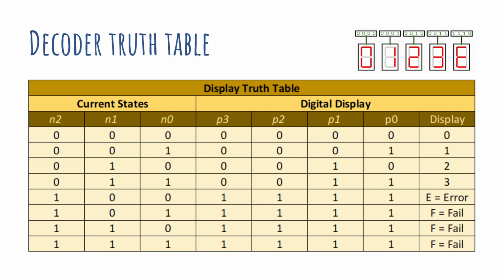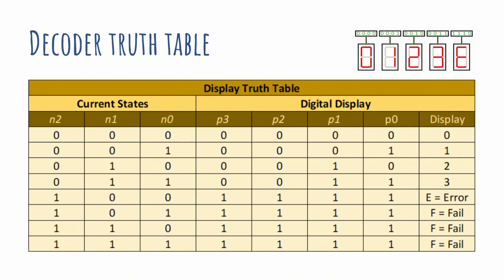In order to display the book counts along with the states, I created a decoder from 3 bits to 4 bits of digital display in order to indicate that if it's at state 0 and the book count is 0, then the display will display the number 0.